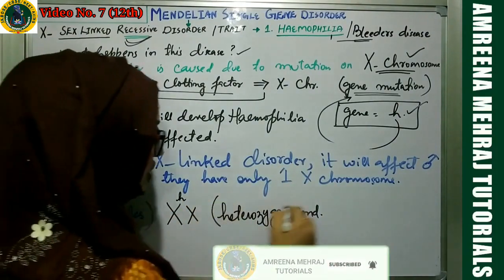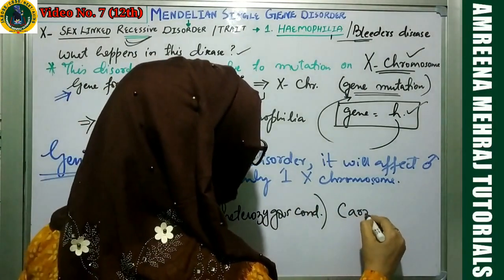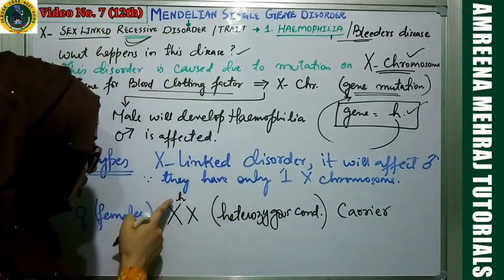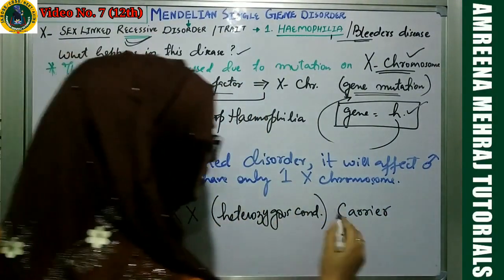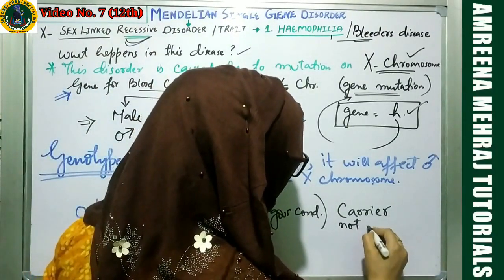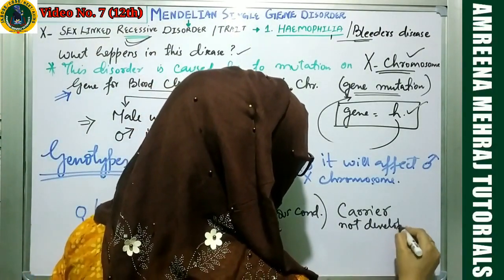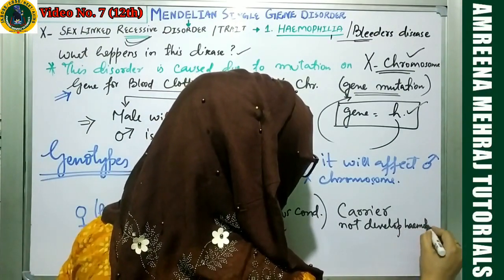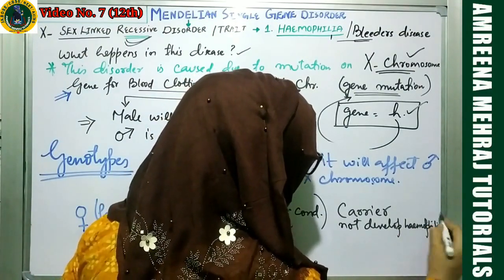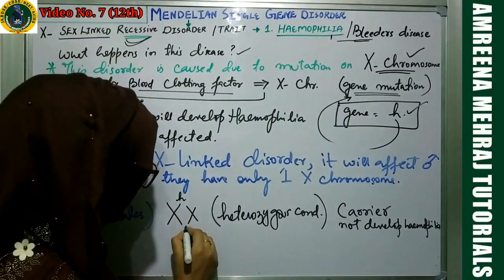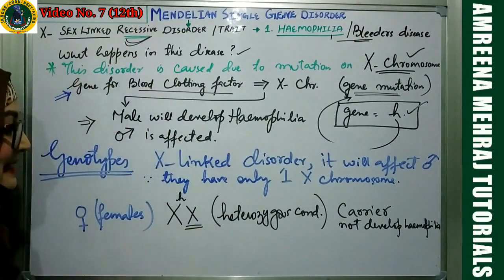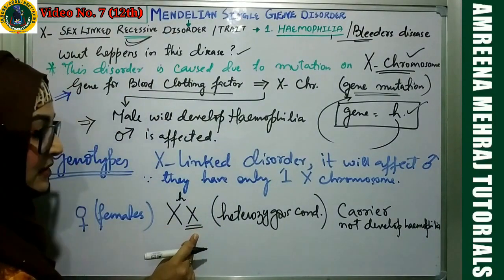In this situation, the female will only act as a carrier because she has the mutation, but she will not develop hemophilia. Why will she not develop hemophilia? Your answer must be that, ma'am, she has this normal X chromosome.